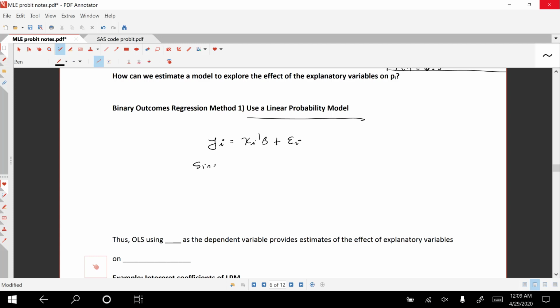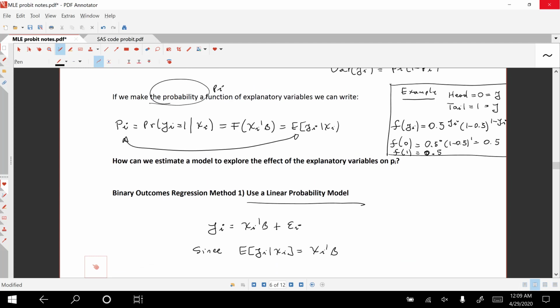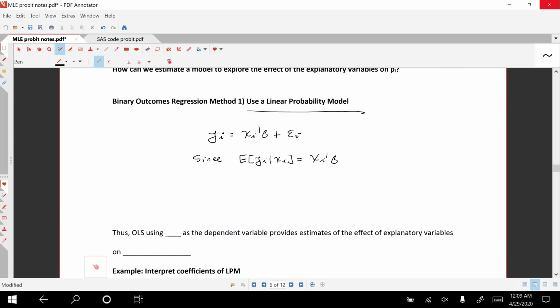And remember that the expected value of yi conditional on xi for this model is going to be x prime beta, and by the definition, the expected value of yi conditional on xi is the same as the probability that yi is equal to 1 conditional on xi. We can use this definition for the interpretation of the coefficients of our linear regression model. Okay, so this is very important to remember.